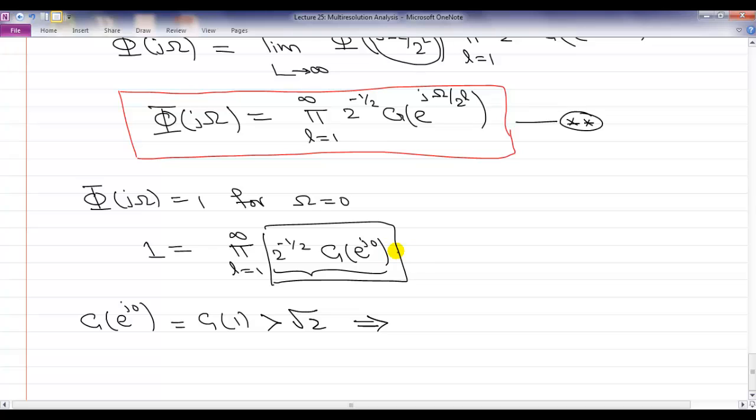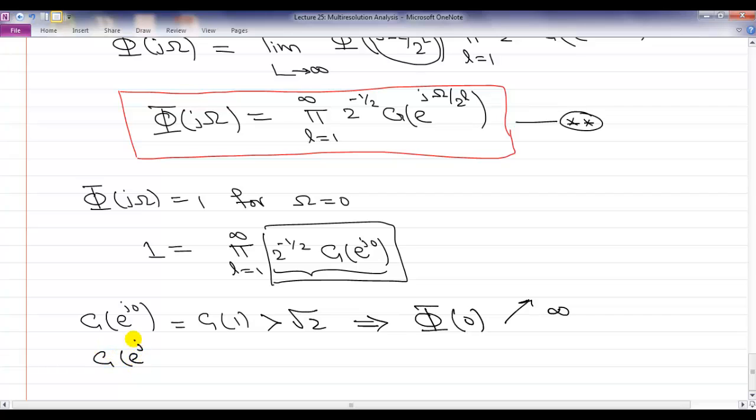And if you multiply an infinite amount of numbers which are bigger than 1, you are going to blow up, right? So if this was bigger than square root of 2, then you would get that phi of 0 goes to infinity, which of course is not in keeping with our assumption that we started with.